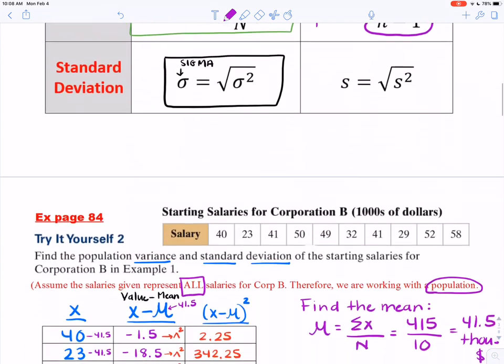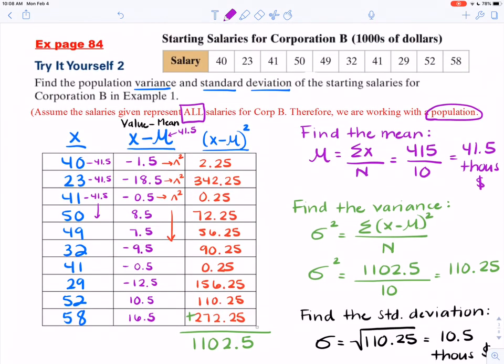But if you're dealing with a sample data set, then when you get to this step right here, where we divided by n, 10 values, for a sample, you're going to go slightly lower and divide by n minus 1, one less than the number of values, which will give you a slightly larger measure of variation. Okay, so again, practice this for a population. We're going to pick up from there and talk about this in terms of a sample next class. And of course, we'll go over any questions at that time as well.